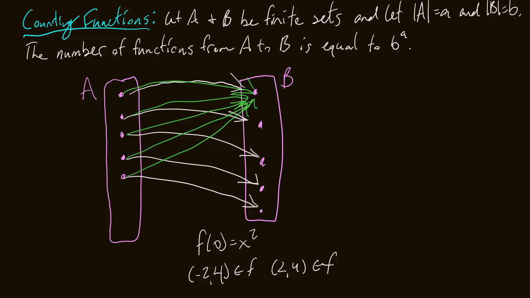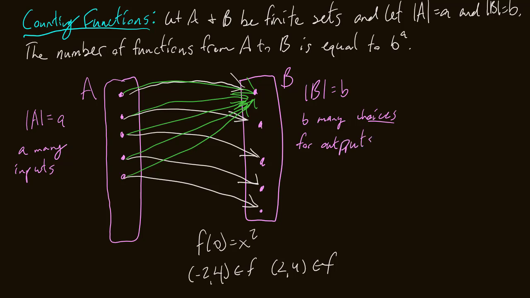So the size of A is equal to little a, so we have little a many inputs. And then the size of capital B is equal to little b, so we have little b many choices for outputs.